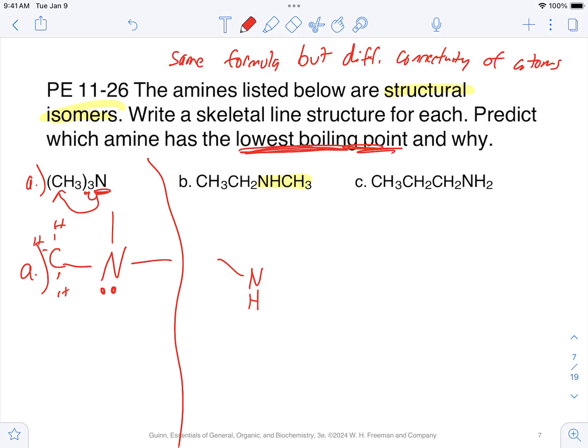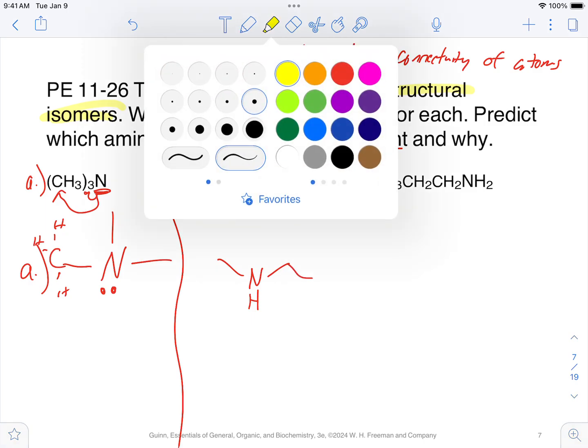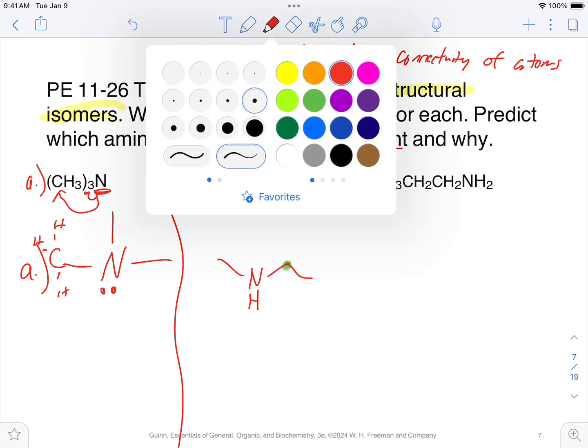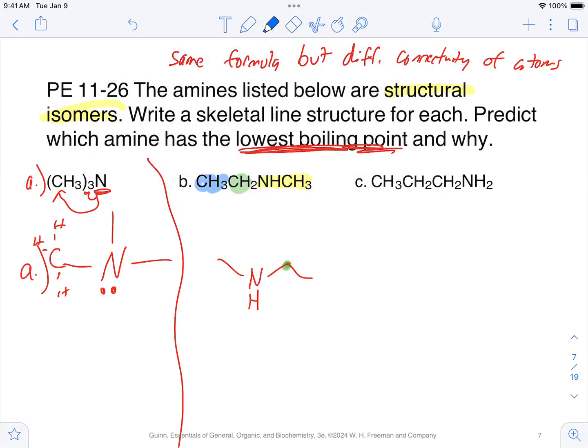And now I need a CH2 and a CH3. So my CH2 is right there, and my CH3 is right there. And my other CH3 is right there. I didn't have to start on the right side like I did, but I just chose to. And then lastly, we want to make sure that N has those 2 dots on it.